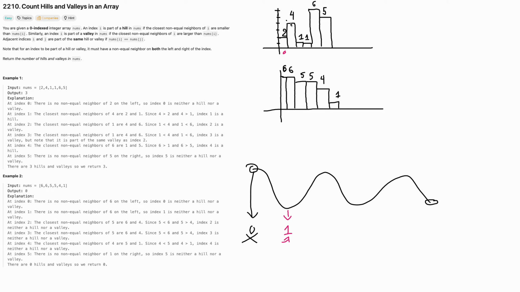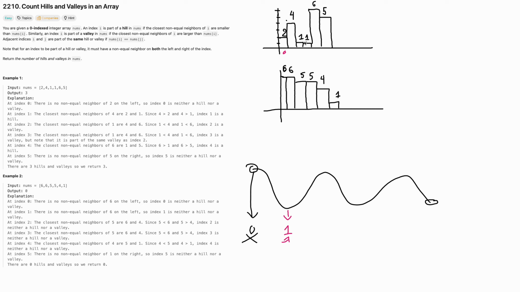This one is the hill, because its value is greater than its closest neighbors, the index before and the index after. So we have two neighbors, the first with value 2 and the second with value 1, so we can be sure that this one is the hill.